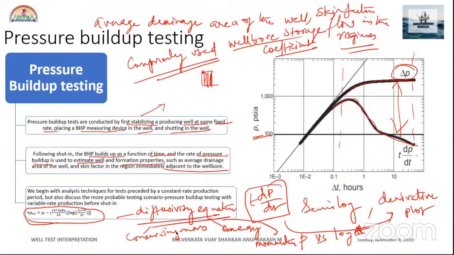Combining all this, we get a solution for the diffusivity equation, and this is one of the solutions. Actually here it will be k upon pi mu c rw square log of, but instead of that we replace it with (tp plus delta t) upon delta t. So wherever you have this term, we simply replace it with (tp plus delta t) upon delta t.